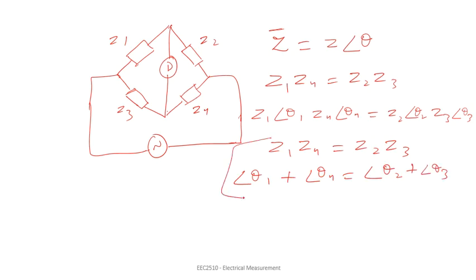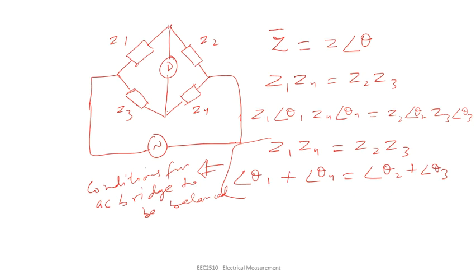These two are the conditions for an AC bridge to be balanced. This is the difference between the AC bridge and DC bridge. This is what we discussed in the last lecture: the product of the magnitudes of opposite arms must be equal, and the sum of the phase angles of the opposite arms must also be equal.